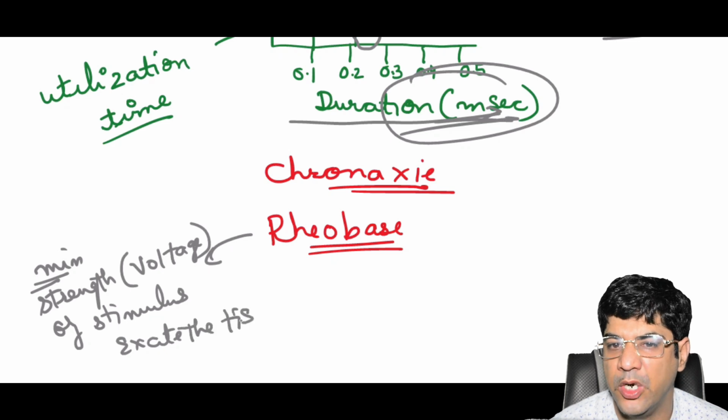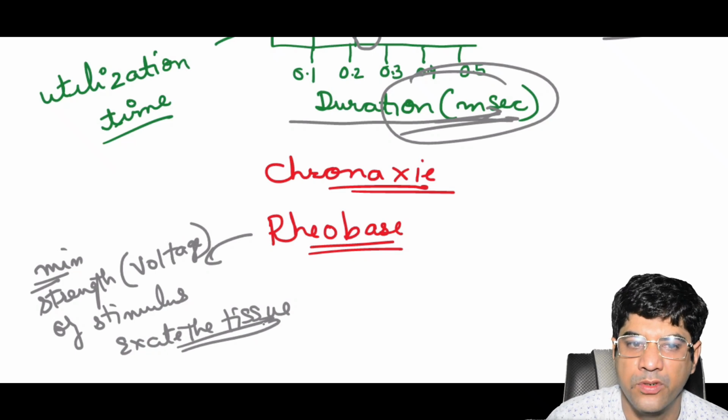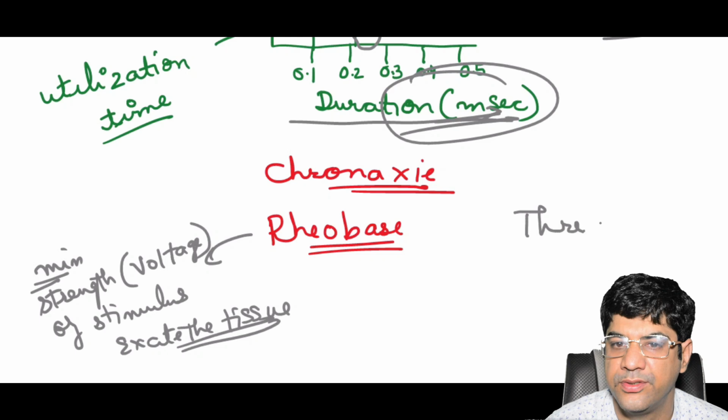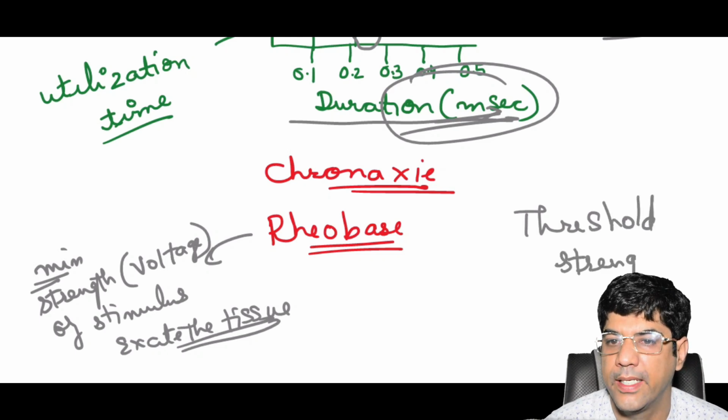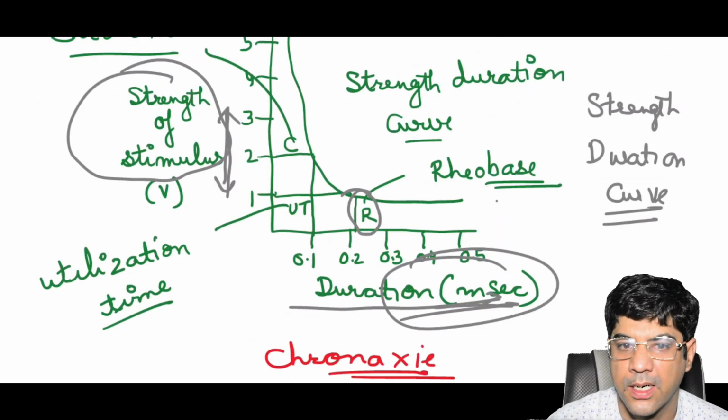So remember, a voltage below this cannot excite the tissue no matter the duration, and it is also known as threshold strength. So point R on the curve shows the rheobase.